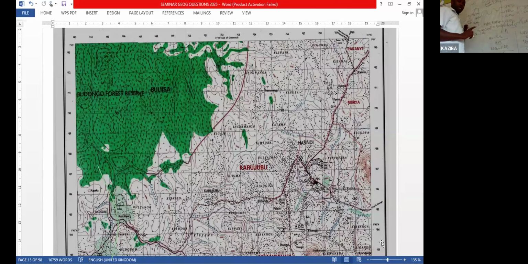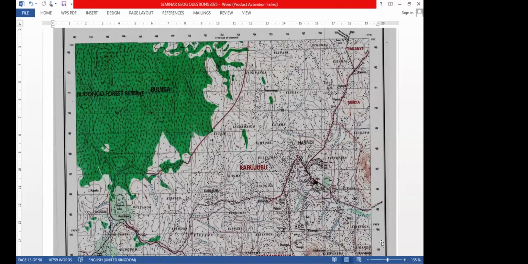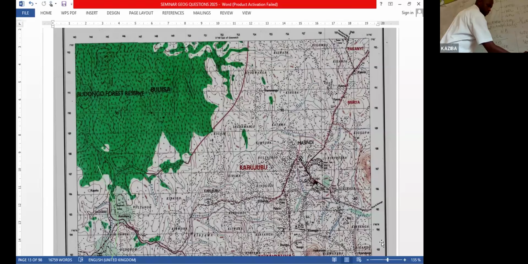How many meters are in a kilometer? 1,000. So we shall get 120 over 5,000. You can even leave it at that, they will mark it.